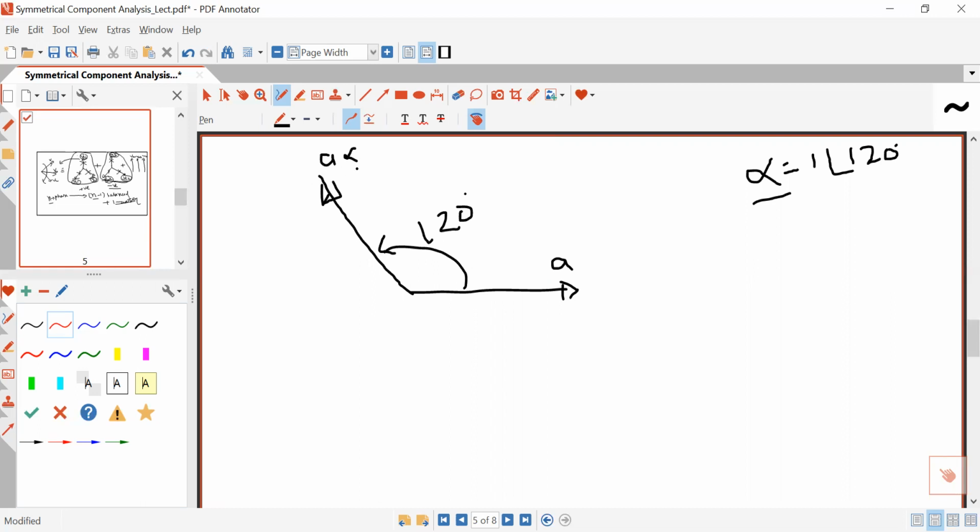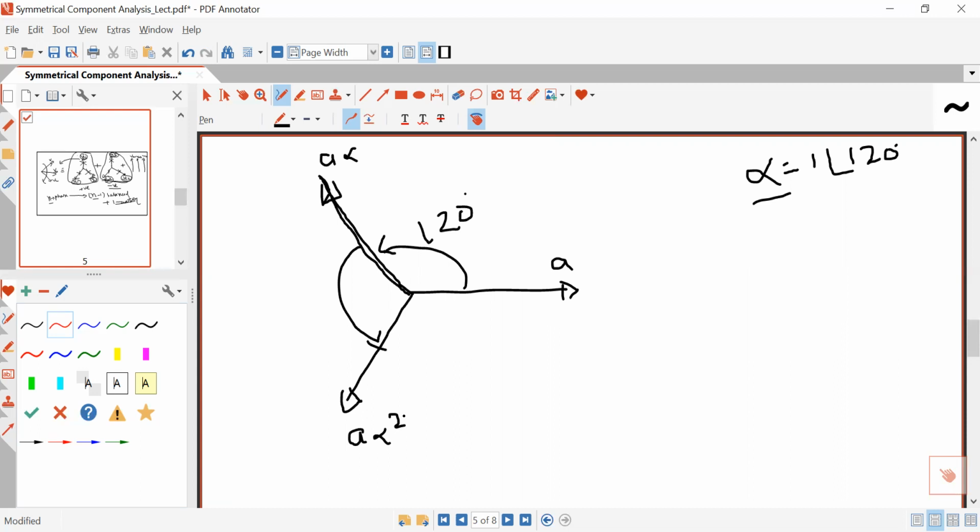When you again multiply alpha to this phasor, the vector is again rotated by 120 degree with the same magnitude, and you get A alpha square. So the alpha operator rotates a vector by 120 degree in anti-clockwise direction. You must remember this.